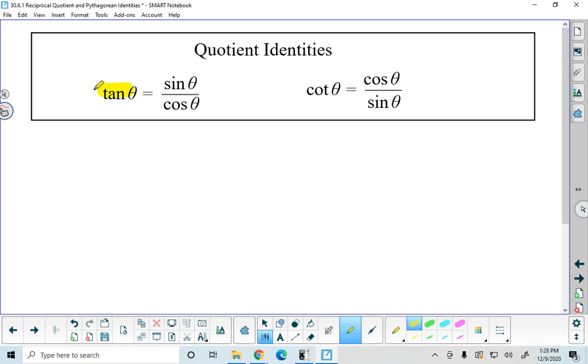Tangent of theta is exactly the same as sine of theta over cos of theta. They're always the same. And it turns out that since cotangent is the reciprocal of tangent, cotangent is cosine over sine. And then we have the Pythagorean identities.